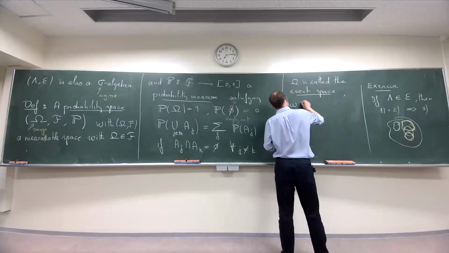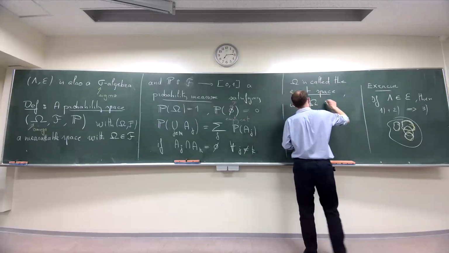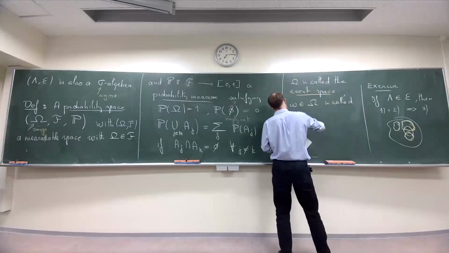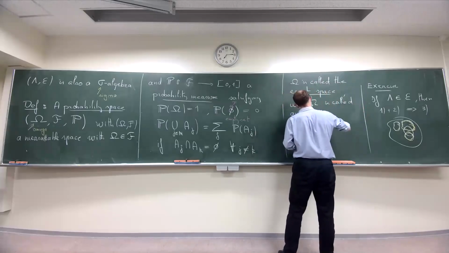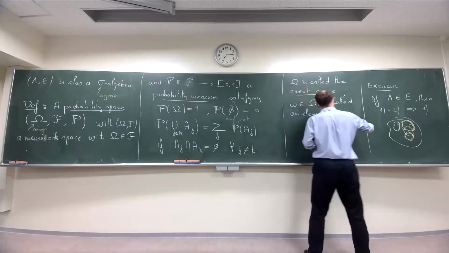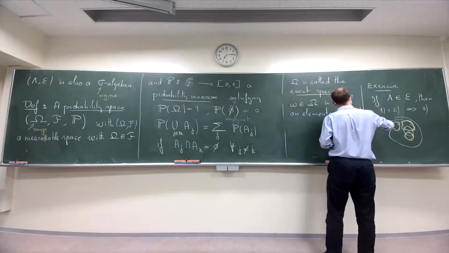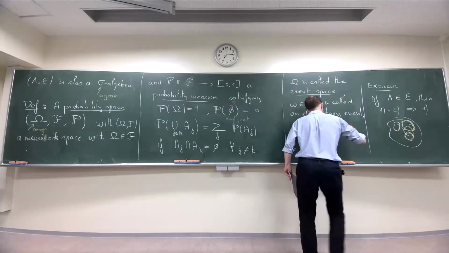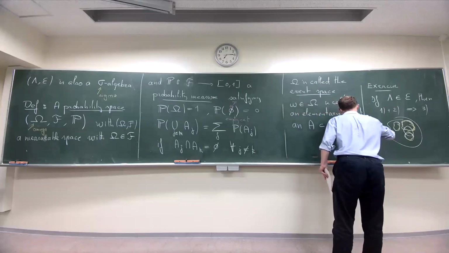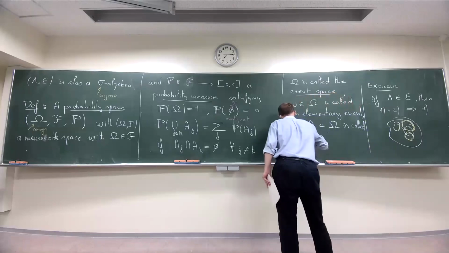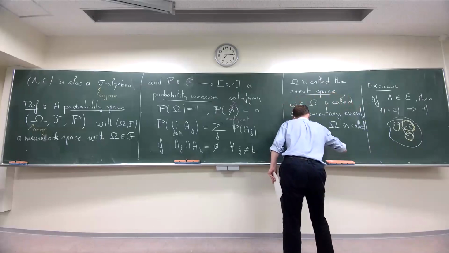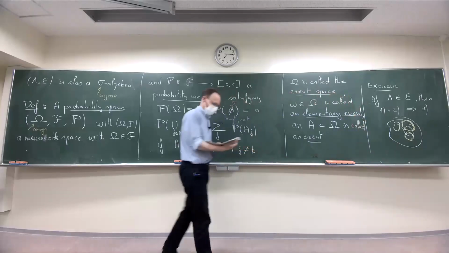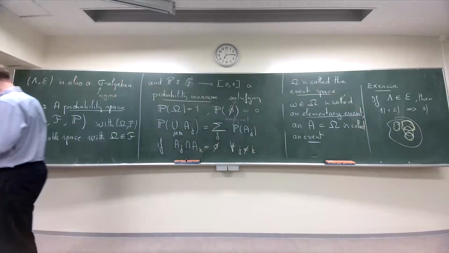Any point in omega is called an elementary event. And A belonging to omega is called just an event. These are just the names of this set.